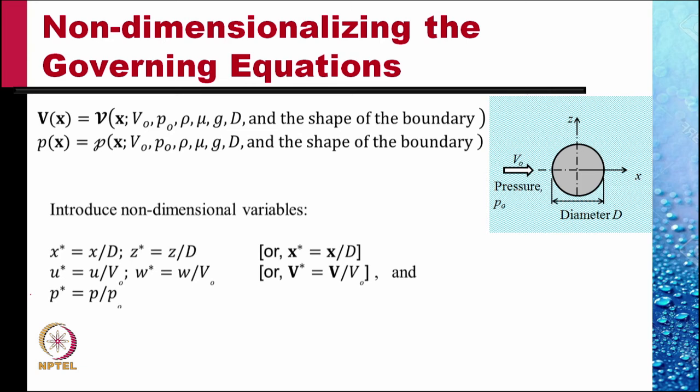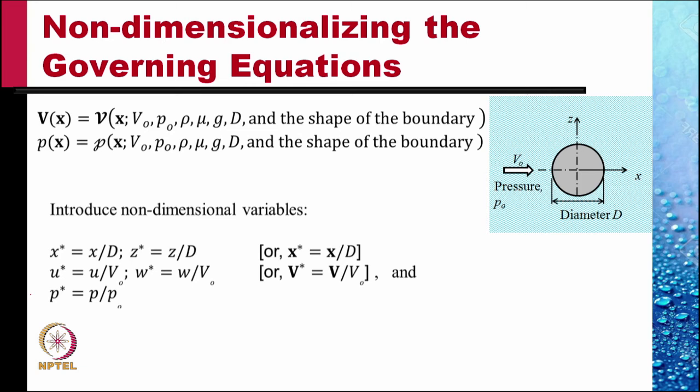The velocity we non-dimensionalize with respect to a characterizing velocity, a velocity that characterizes the velocities in this problem. And what is a velocity that characterizes the velocities in this problem?